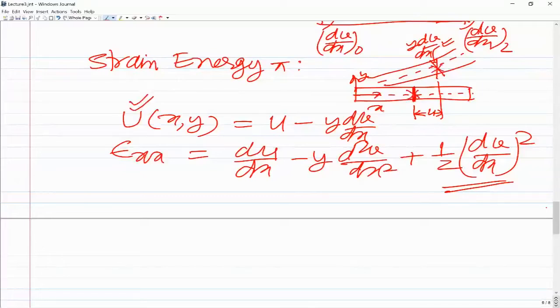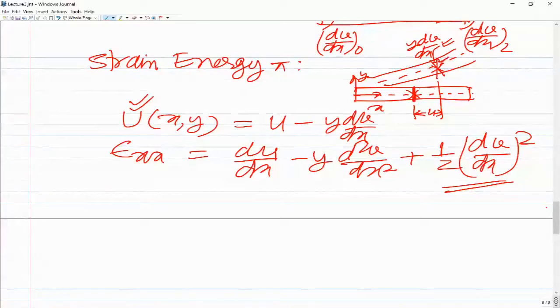So the center point has moved by a displacement small u in the x direction. Then if I take a point at a distance y from the neutral axis, this point over here, that point is at a distance y. Because the normal has rotated by an angle dv by dx, that point would move in the negative x direction by a distance y into dv by dx.